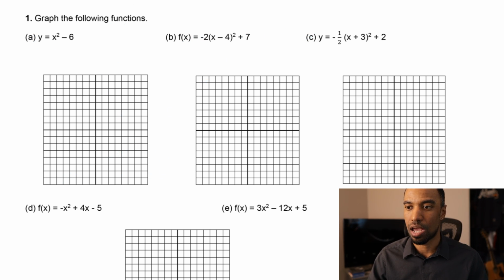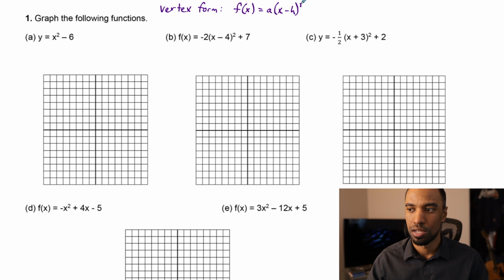Before I actually begin, I want to throw out the idea of what vertex form looks like in general. Vertex form of a parabola is represented as such: f(x), or y, equals a times the quantity x minus h, squared, plus k. I know that's going to bother you for the rest of the day, so it's going to bother me as well. I'm going to change that once again. That is squared.